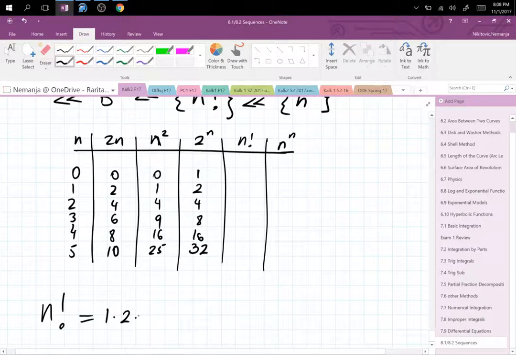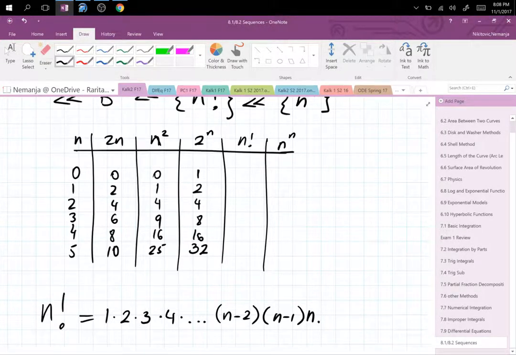is 1 times 2 times 3 times 4 times ... n minus 2 times n minus 1 times n. And that's it. n factorial is going to multiply these.